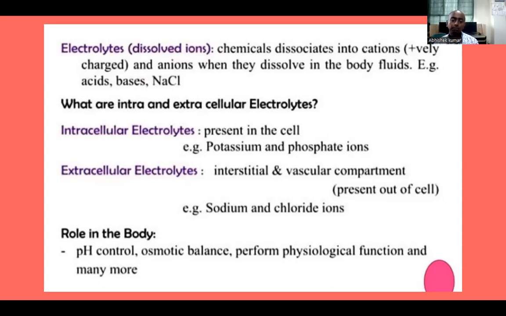Extracellular fluids, for example, contain sodium and chloride ions. Their role in the body is to control the pH of the body, to maintain the osmotic balance, to perform physiological functions, and many other functions.